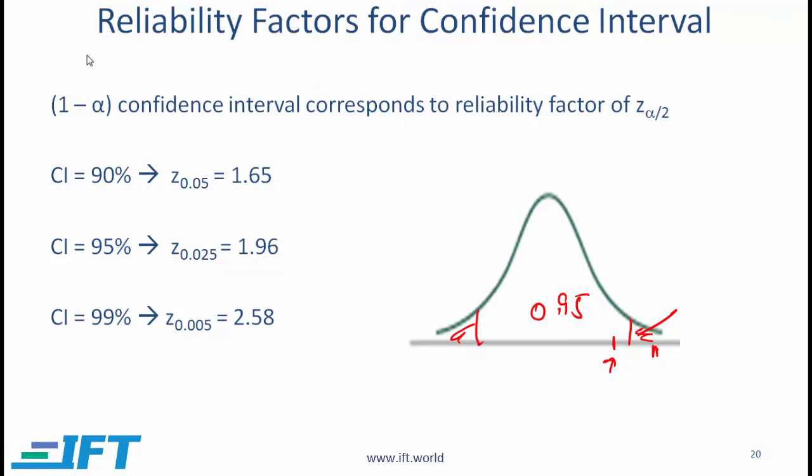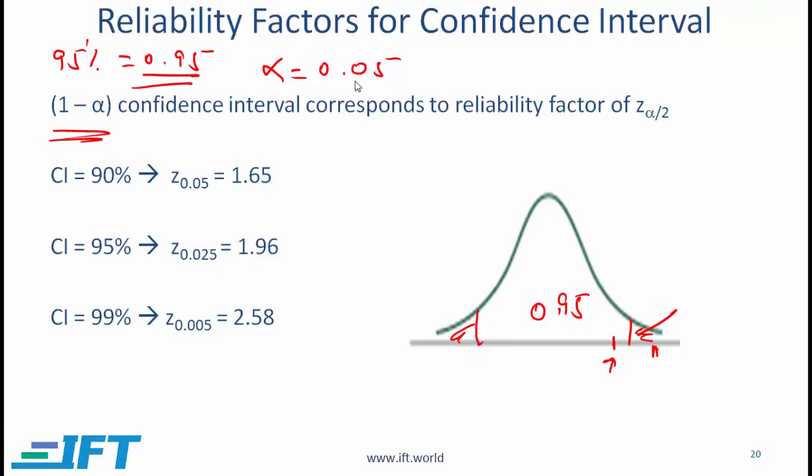Notice that if your confidence level is 95% or 0.95, this is written as 1 minus alpha, which means that alpha, our significance level, is equal to 1 minus 0.95, which is equal to 0.05.